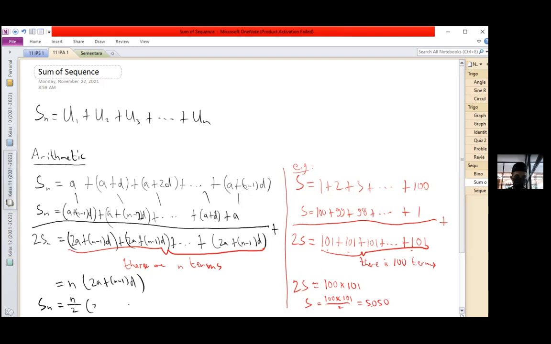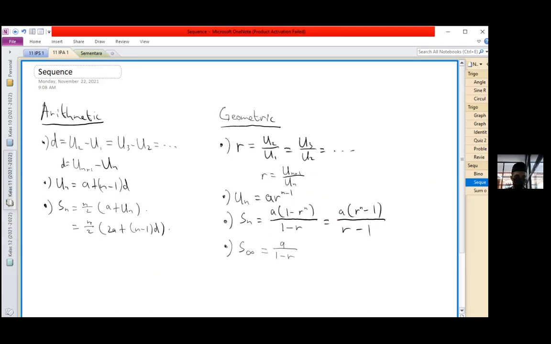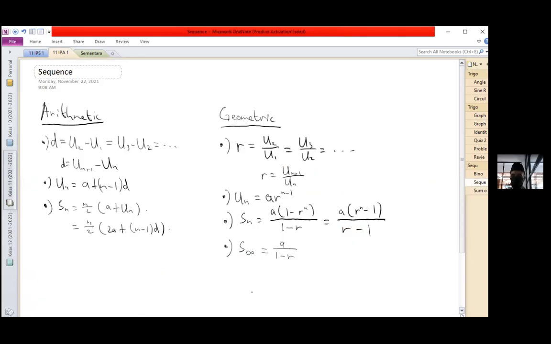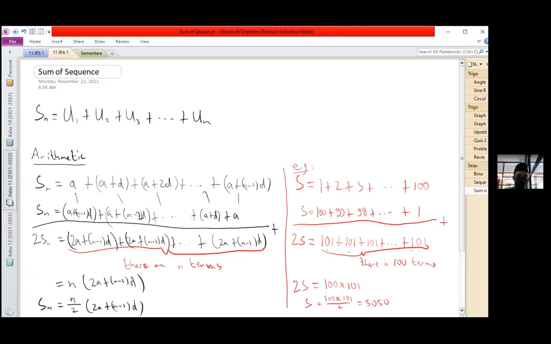This is how we get this formula: Sn equals n over 2 times 2a plus n minus 1 times d. To get the other one, it's simple actually, because each term is 2a plus n minus 1 times d, and we know that this is a plus the last term, which is un.